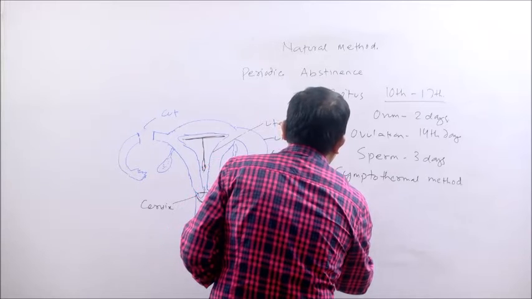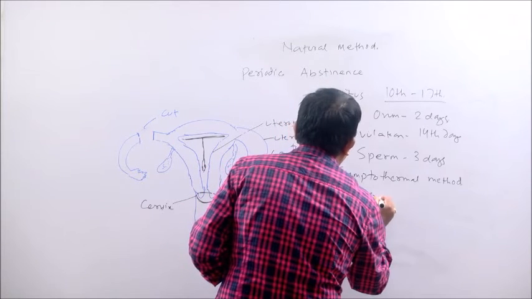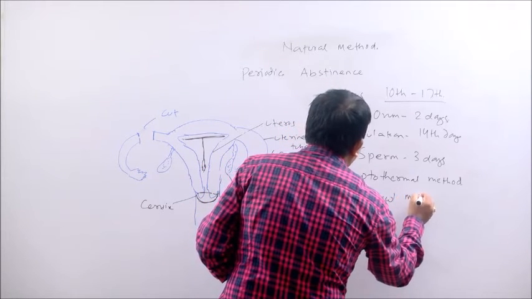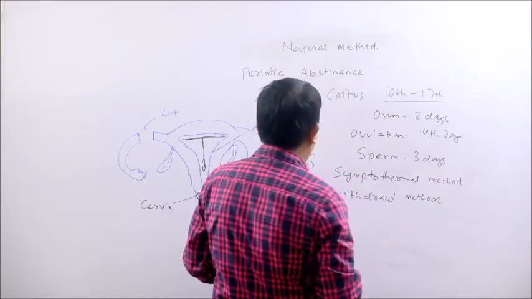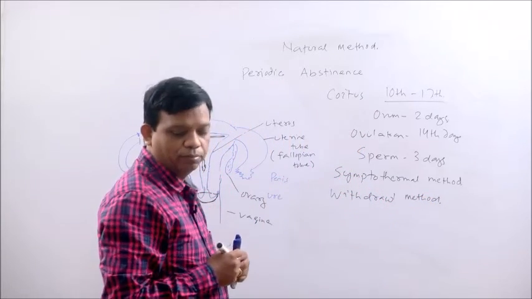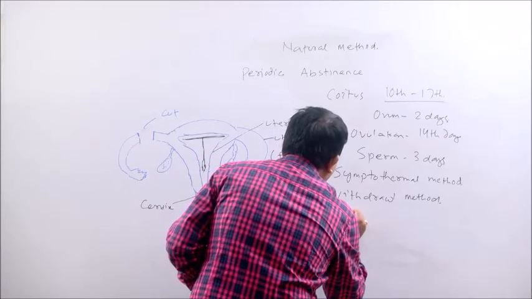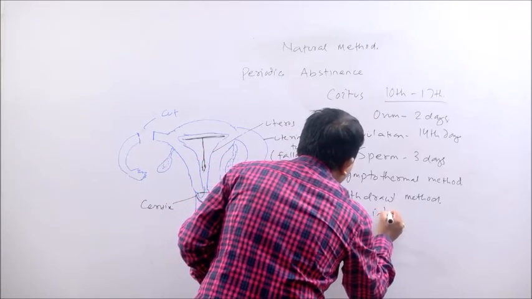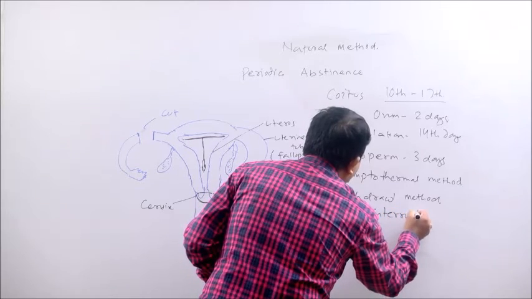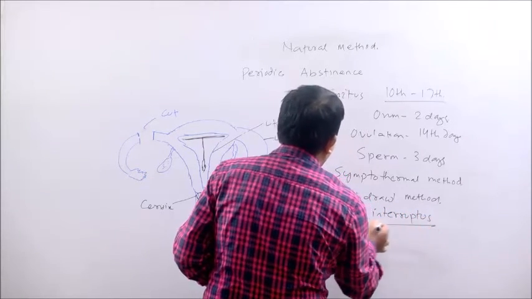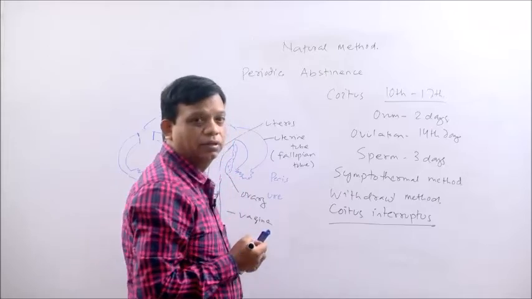Then the withdrawal method. Another natural method is the withdrawal method, also known as coitus interruptus.